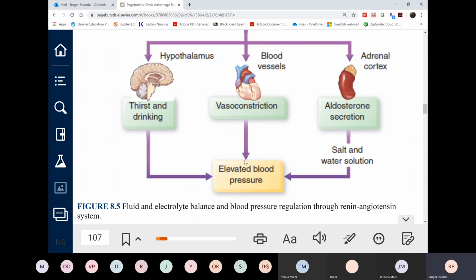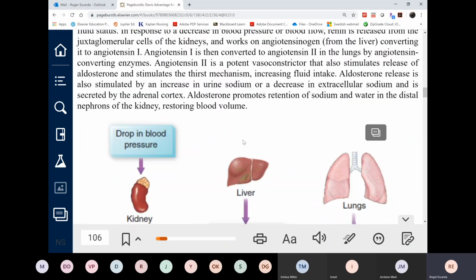In all other people like you and me, yes, this is a life-saving measure. However, in a patient with heart failure or even renal failure, this is not helpful. This will actually help kill the patient. That's why one of our interventions in those people will be to give drugs to stop the renin-angiotensin system.